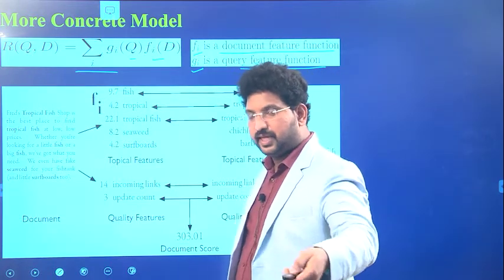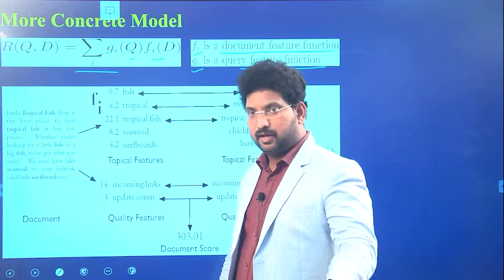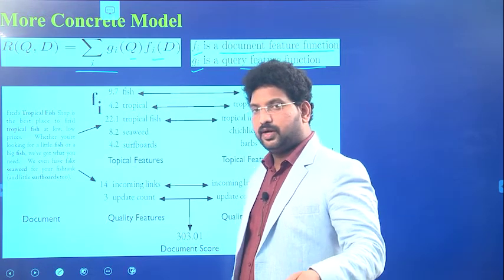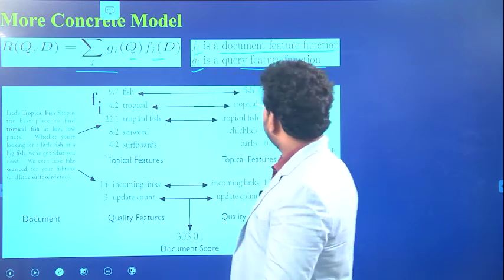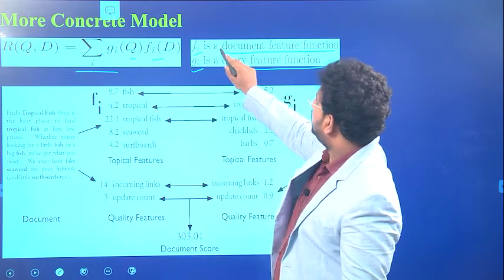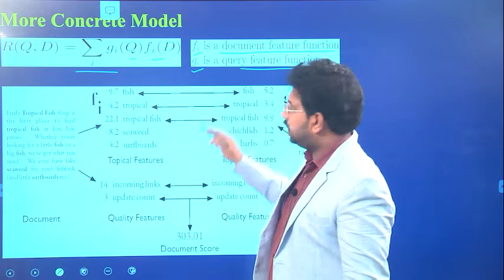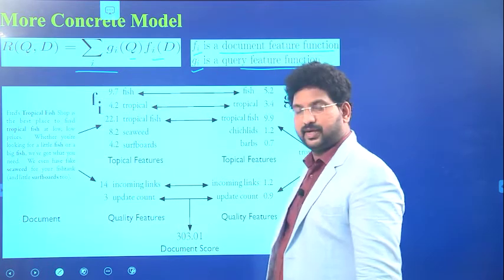As we already saw about the two types of features, topical features and quality features, that is indicated by fi. So fi is the document feature function, and gi is the query feature function.